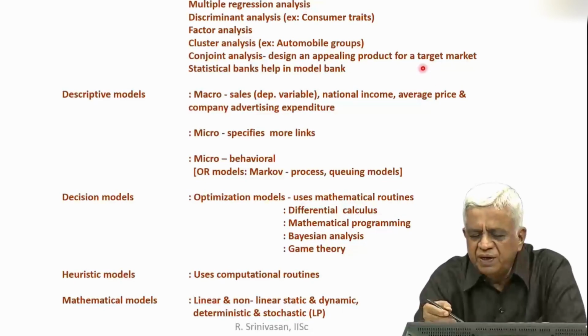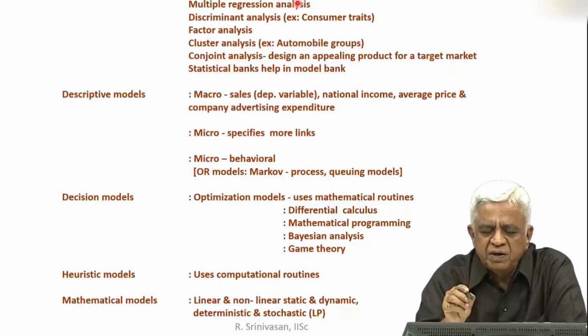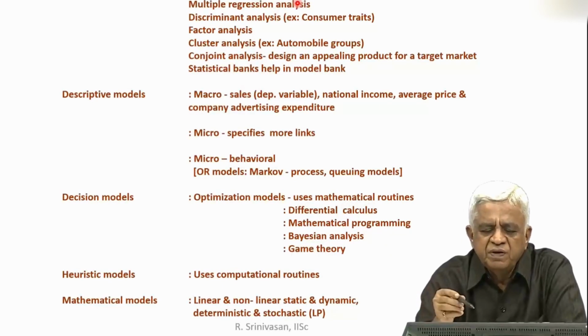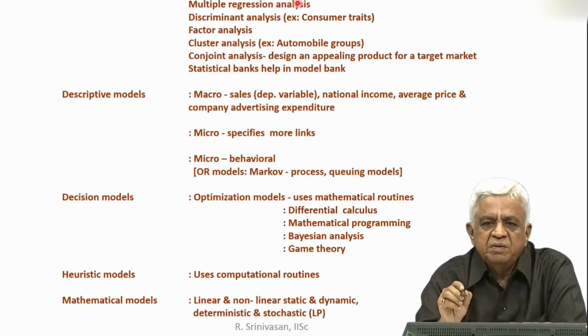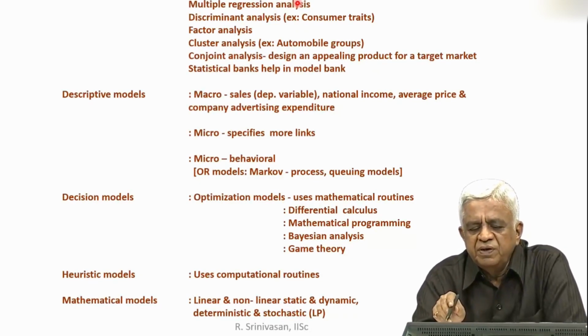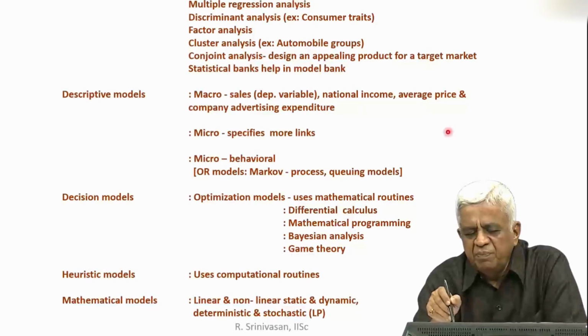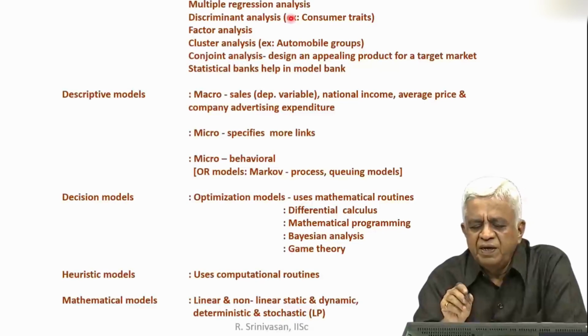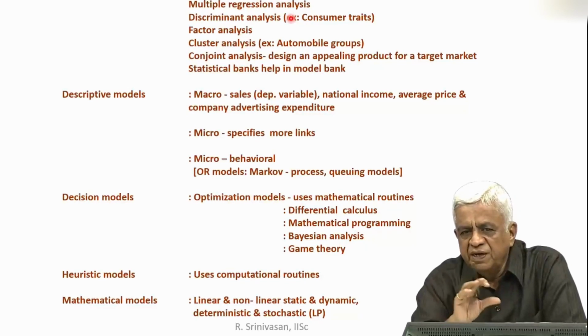So when you regress the dependent demand against all these independent variables, you are essentially doing multiple regression analysis. What are you trying to do by doing this? You are going to find out, from the number of independent variables you have chosen to explain the increase or the decrease in demand, what is the percentage that is getting explained.